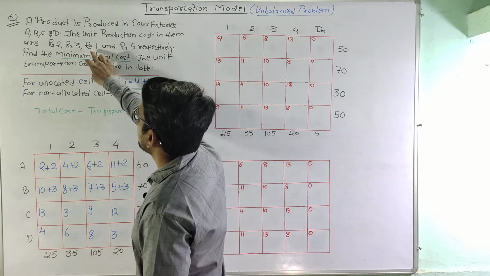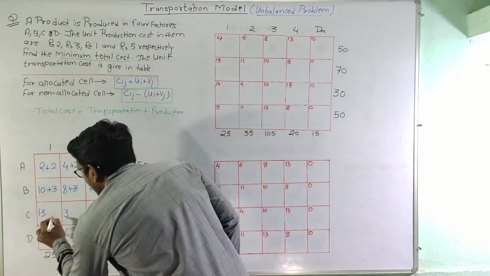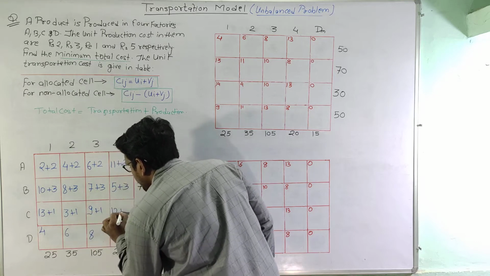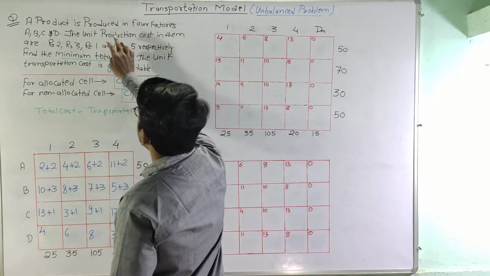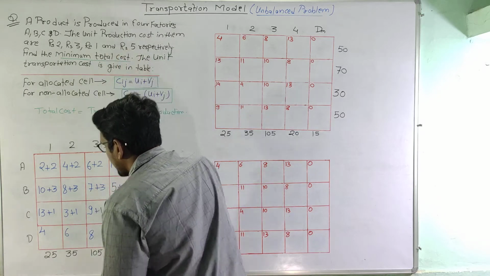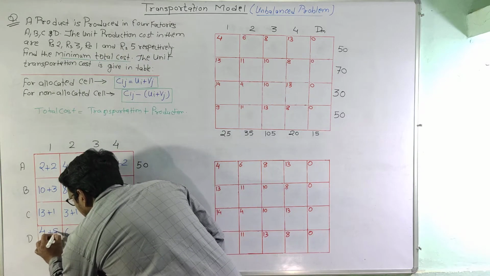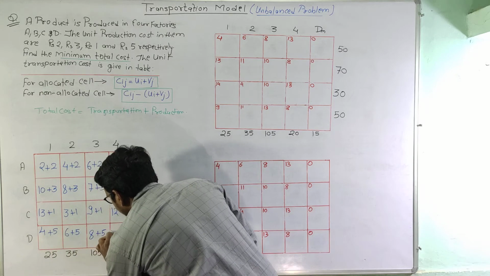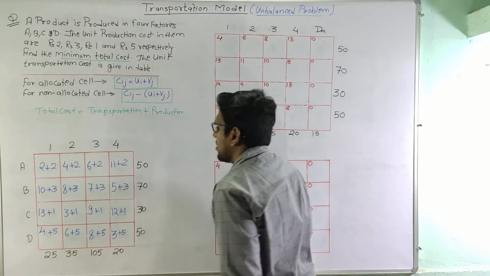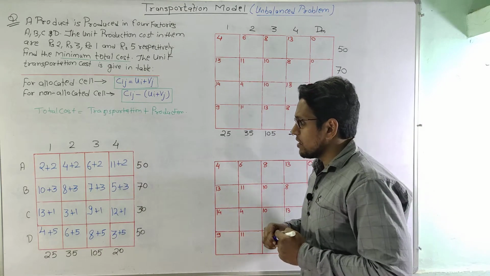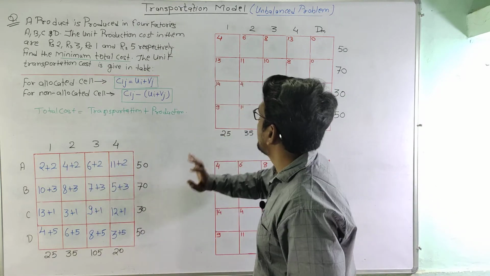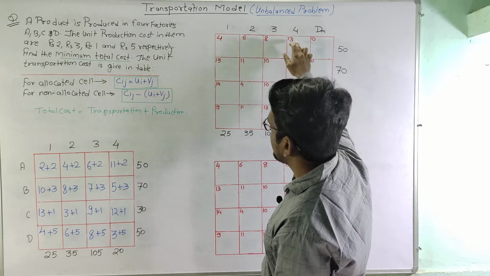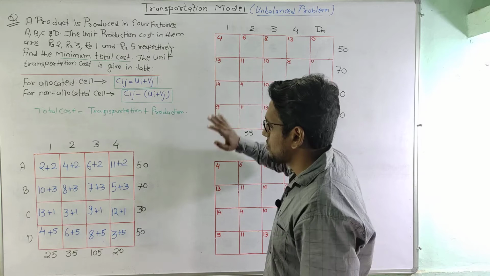Similarly for factory C it is rupees 1, so we will add rupees 1, and for factory D it is rupees 5, so we will add rupees 5 in each of these. So now after adding these values we will have the total cost as 4, 6, 8, 13 and so on.